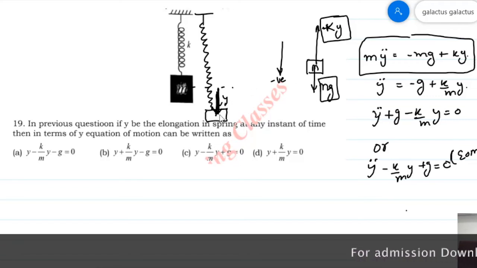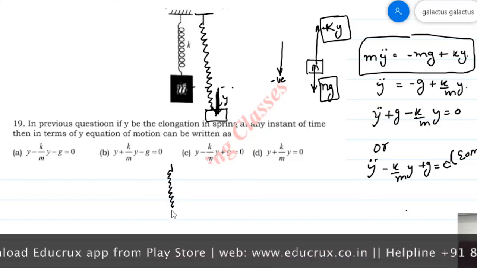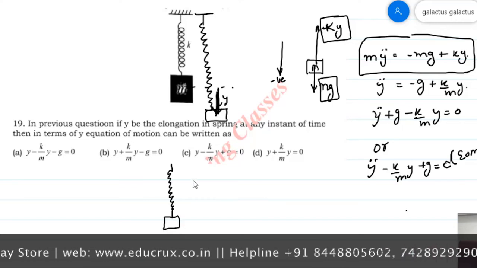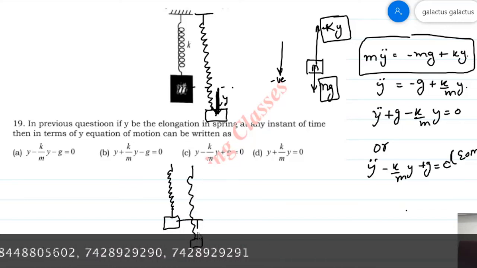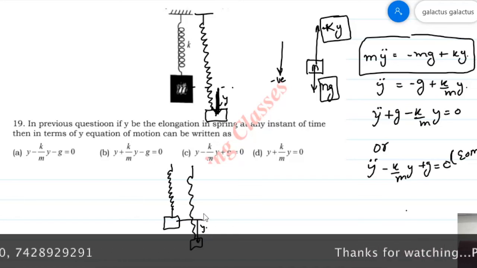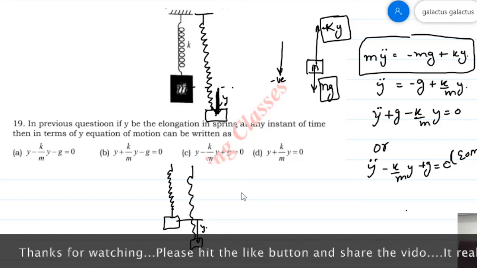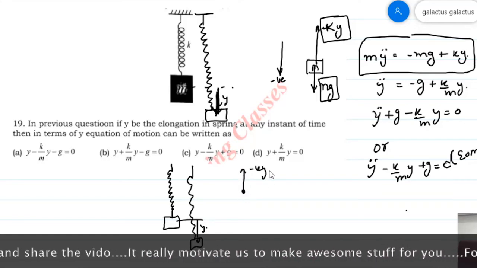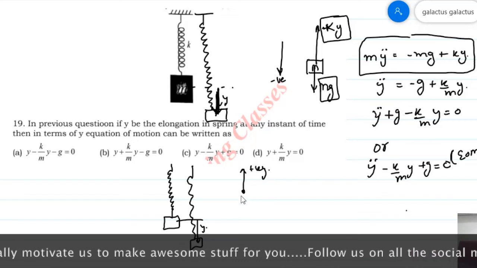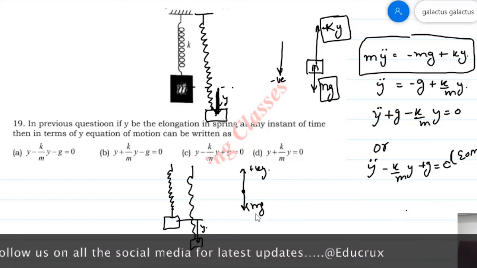Again I repeat, to solve this question we just elongated this string by a distance y from its natural length, and at this point the force experienced by the particle is the restoring force, that is plus ky, and mg, that is the weight of the body.